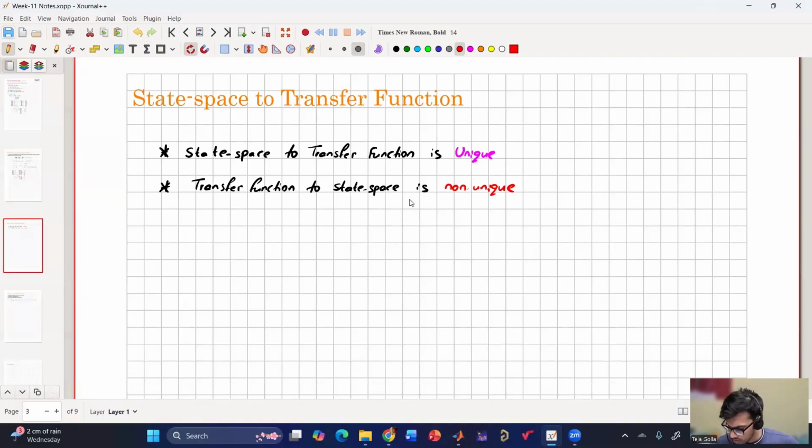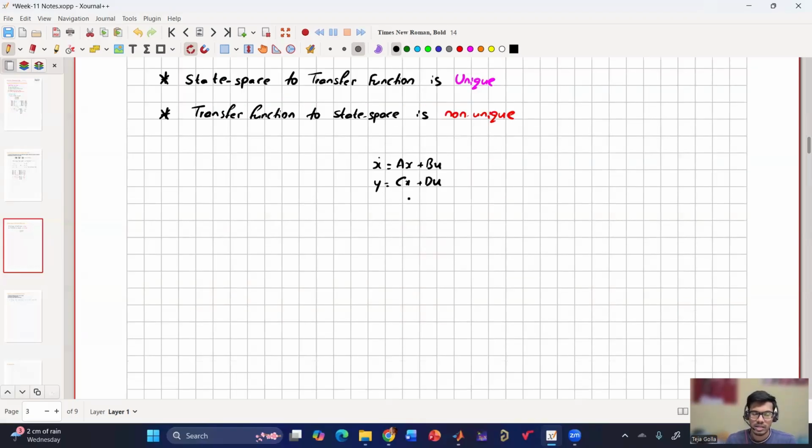We know that the state space model is represented as x dot equals Ax plus Bu, y equals Cx plus Du. First we'll apply the Laplace transform on the first equation.